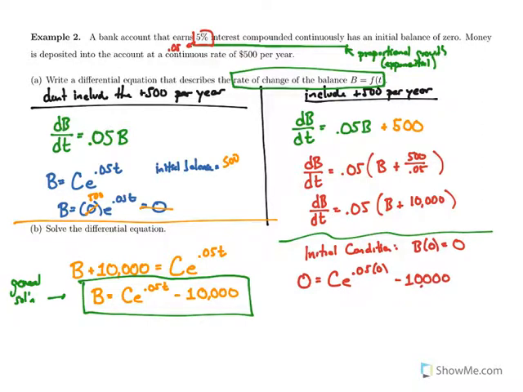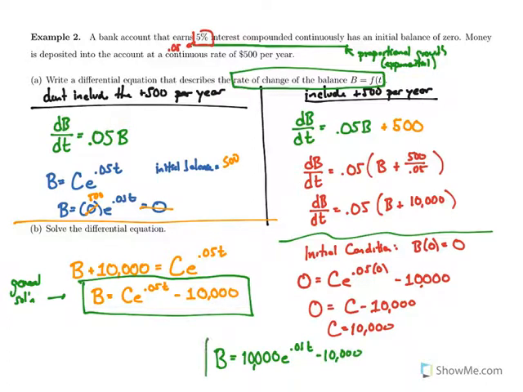That's going to give us that 0 is equal to C minus 10,000. So C is equal to 10,000. So our solution here is B is equal to 10,000 e to the 0.05t minus 10,000. And this is our particular solution that we are looking for in the problem.